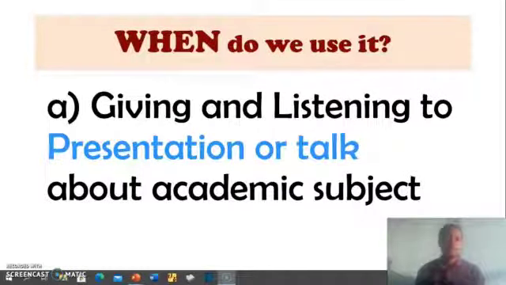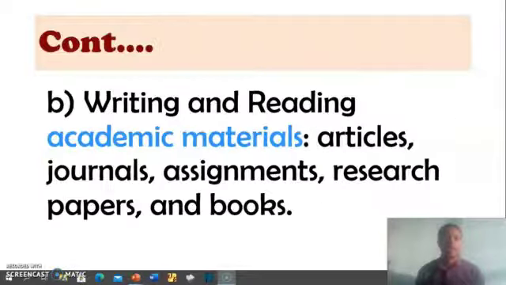When do we use academic English? First, when we give a presentation or when we listen to a talk on a given academic subject, we are using academic English.